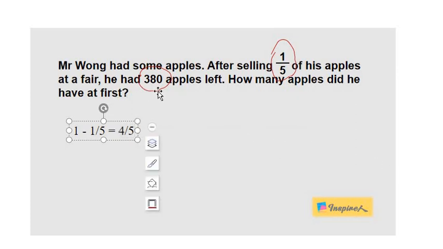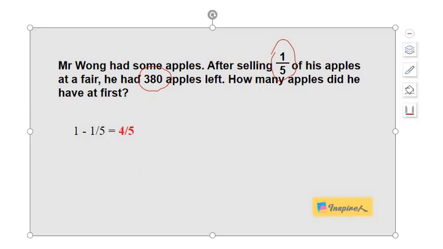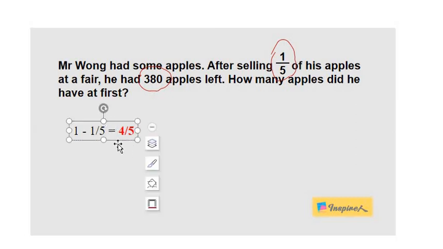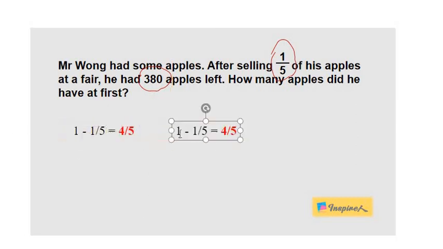Now, he had 380 apples left. So what does this 380 number correspond to in terms of the fraction of his total apples? It would have to be the one at the back, 4/5. So now we know that 4/5 is 380.